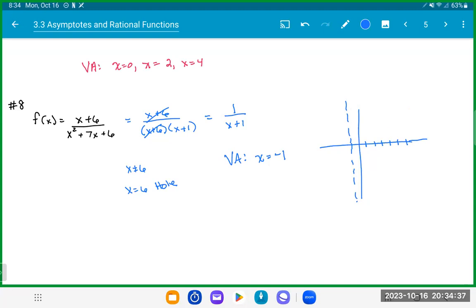So this graph could look something like this, right? So instead of having that vertical asymptote here, I just have a hole in the graph where my graph cannot equal that value 6. This right here is a hole.